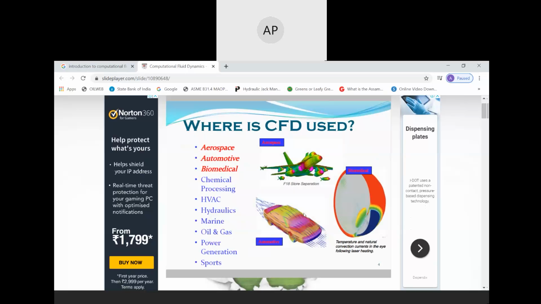Where is CFD used? Computational fluid dynamics can be used in aerospace, automotive, biomedical, chemical processing, HVAC, hydraulics, marine, oil and gas, power generation, and sports.